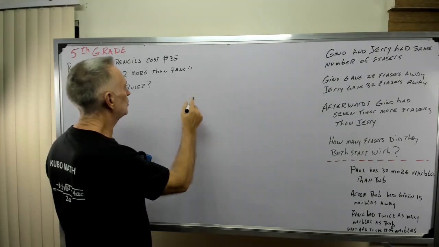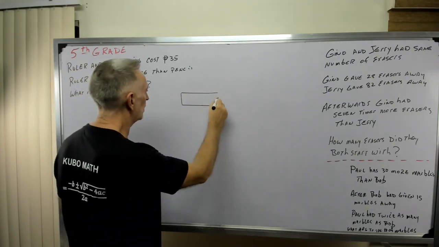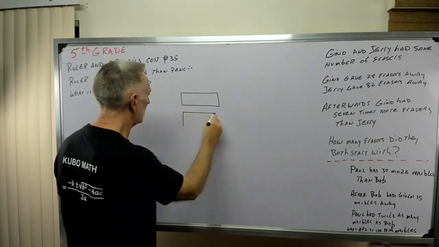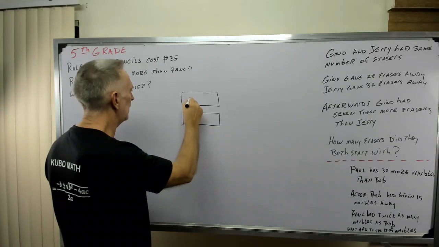Okay, Gino and Jerry had the same number of erasers. So they started with the exact same thing. And we'll let that be 1 unit.